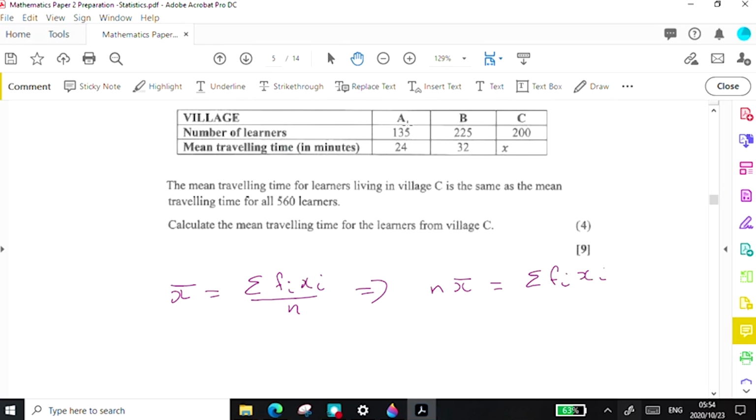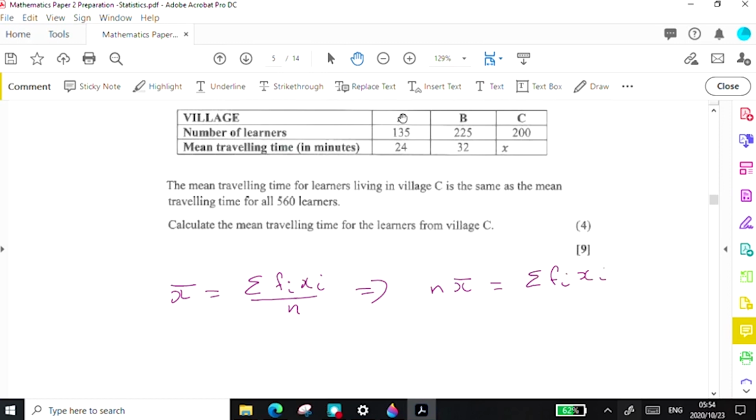So for A, I'll have the sum of the Fi times the Xi, and for B, the sum of the Fi times the Xi, and for C, I want to find the sum of the Fi times the Xi, and I want to add all of those. That can be done by simply multiplying n times X bar, since n times X bar is equal to the sum of all the Fi times the Xi.